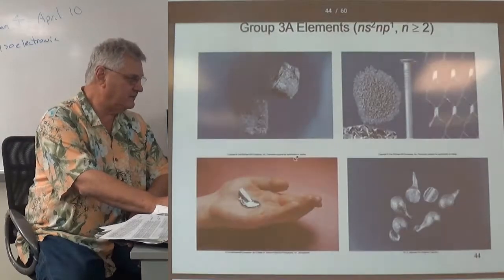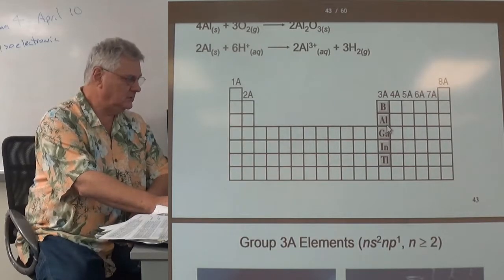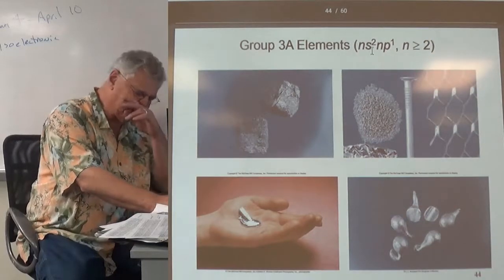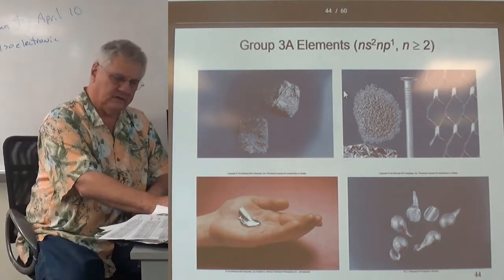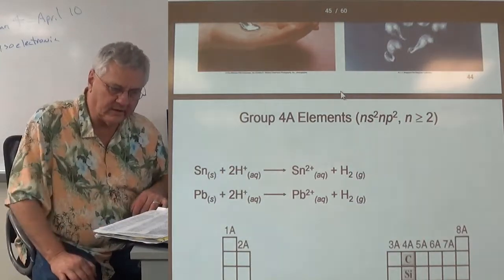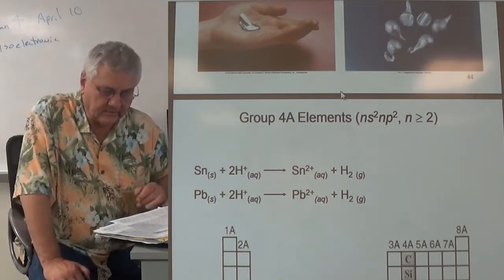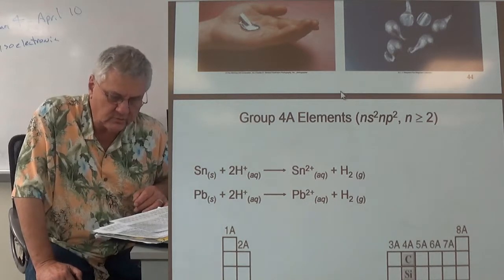When you get to 3A, of course, one of the elements you have is aluminum, and it has 2 electrons in a new s orbital and then 1 electron in a p orbital. And this is spelled out right on your periodic table. If you look at group 3A on your periodic table, all those electron configurations have s2 and p1.